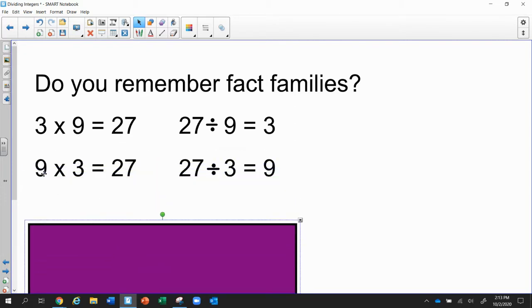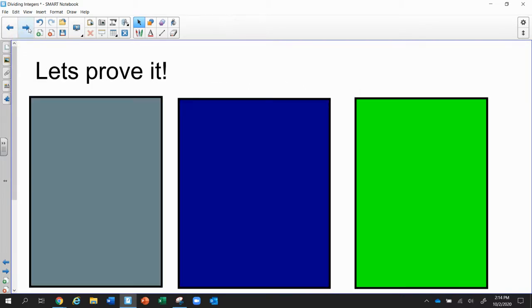That means I can switch the factors and say 9 times 3 also equals 27. Now I show my division facts by saying 27 divided by 9 equals 3, and 27 divided by 3 equals 9. The same is true when we do these negative and positive numbers.